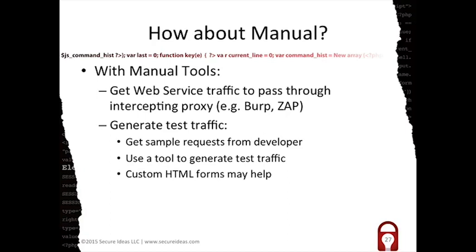We'll capture that inside our intercepting proxy, and then we'll resend it in various different ways until we find what we're looking for. There are a few ways of generating that test traffic. Like I said before, if you can get sample requests from your development team, that's very helpful. Maybe you just need to copy and paste it directly into Burp, and you don't even have to worry about any other tools.